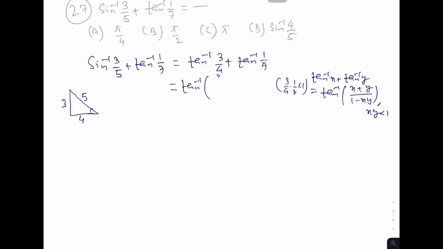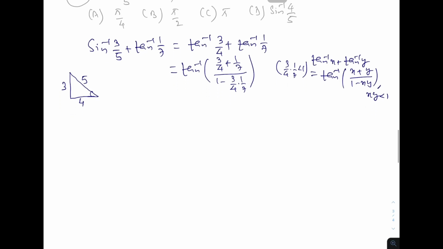So this is tan inverse 3 by 4 plus 1 by 7 over 1 minus 3 by 4 into 1 by 7, and so this is equal to tan inverse, this is 21 plus 4, 7 4s are 28, and it is here.